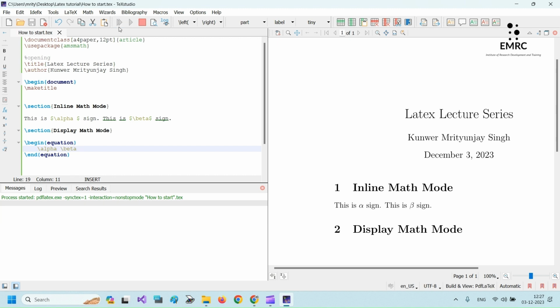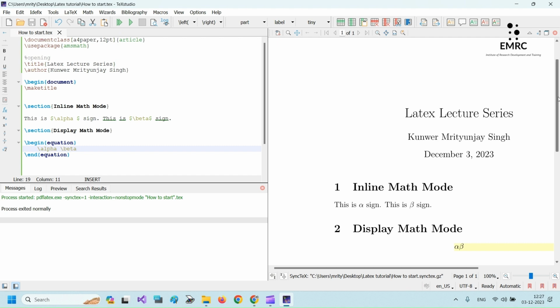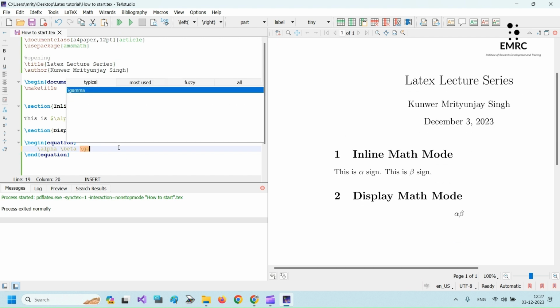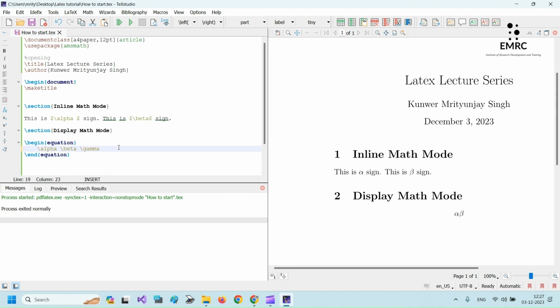Alpha, beta, gamma, delta. Write a comma so you will better understand.